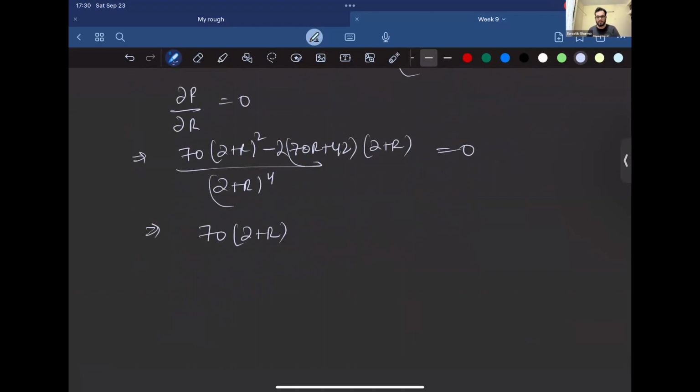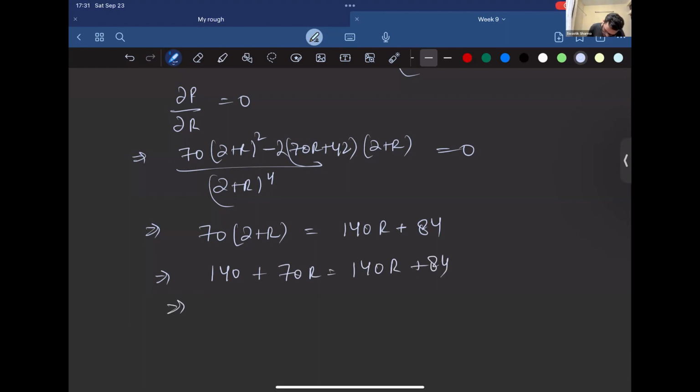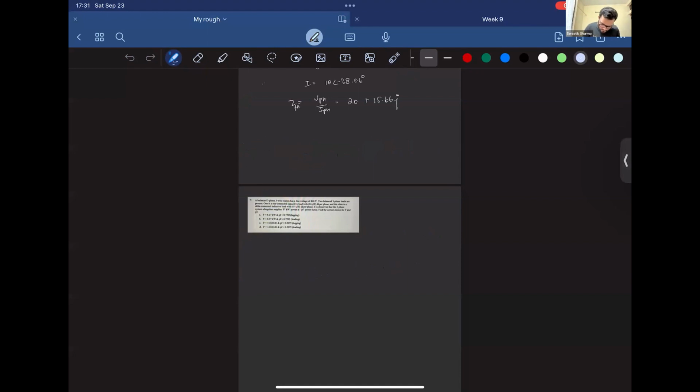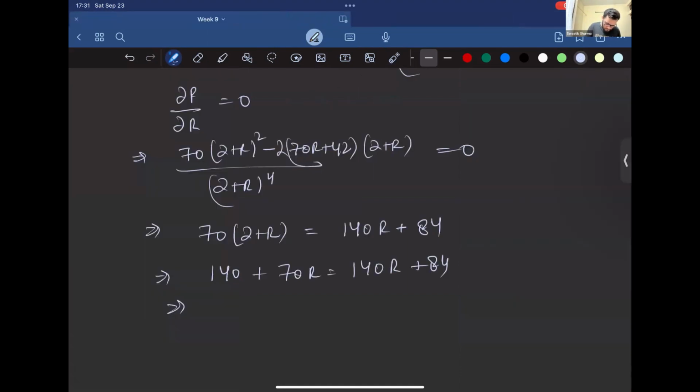The (2 plus R) squared and (2 plus R) will get cancelled. So that means 140 plus 70R equals 140R plus 84. This would be 140 minus 84, 56, equals 70R.